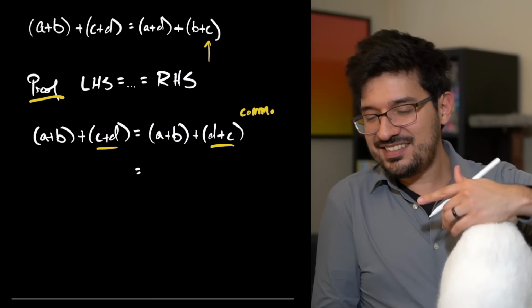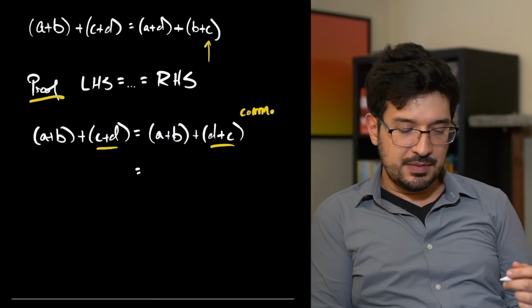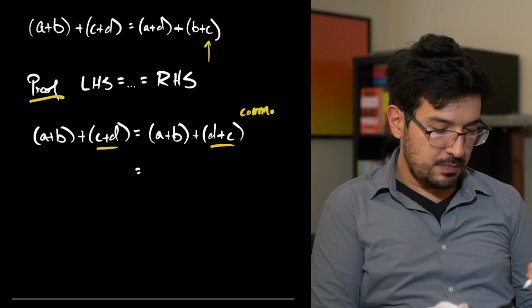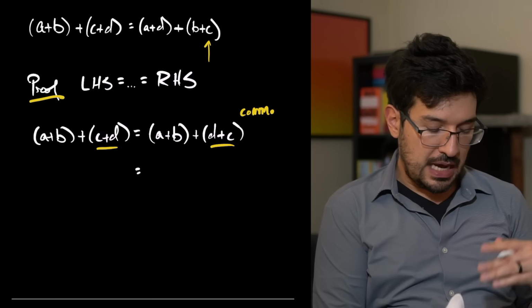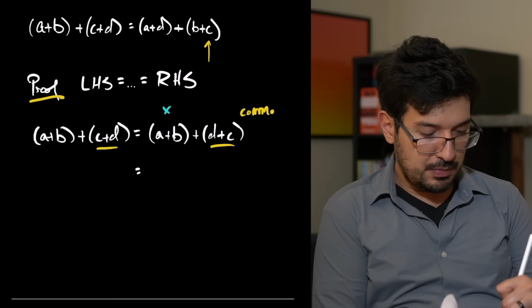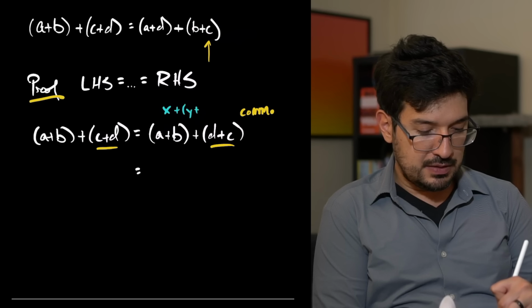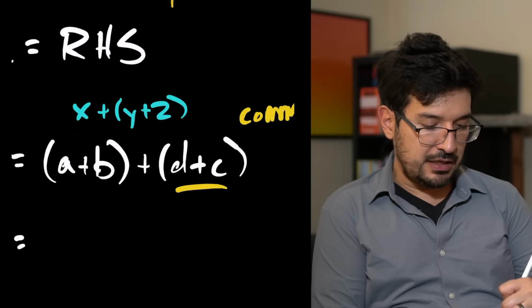Okay, next we have an addition in the middle. This is right now in the form of x plus y plus z, where x is a plus b.